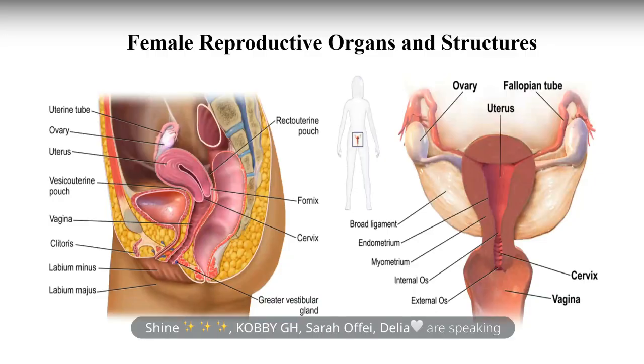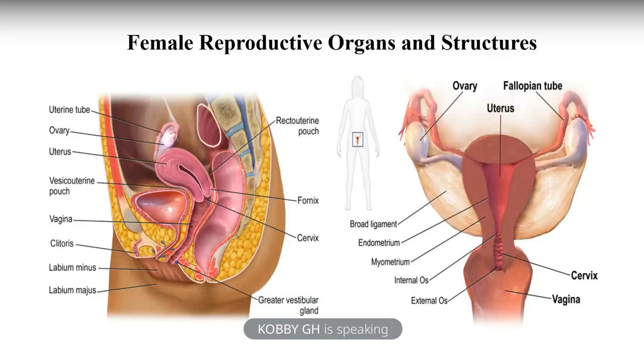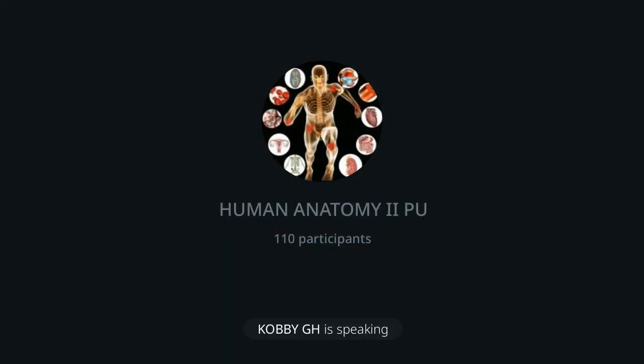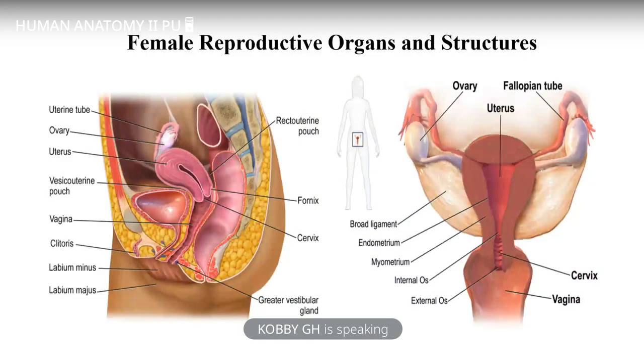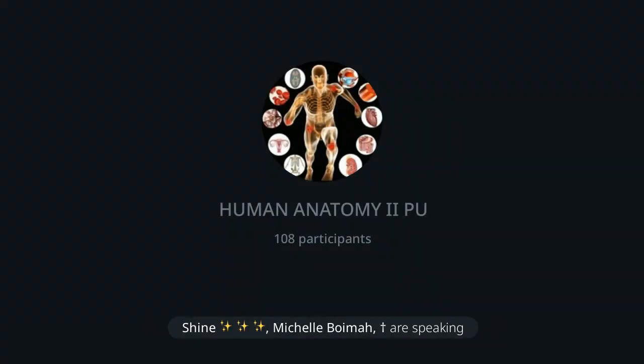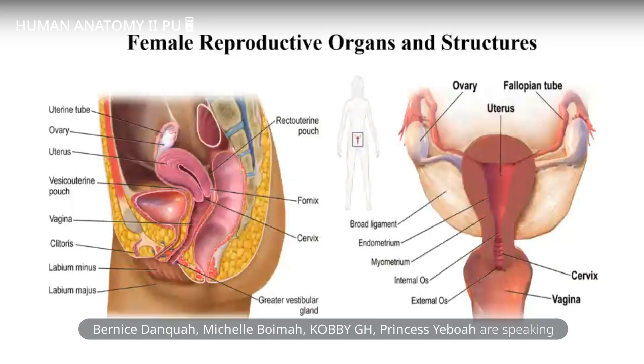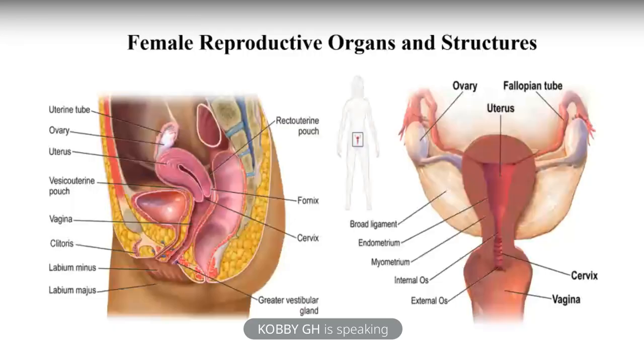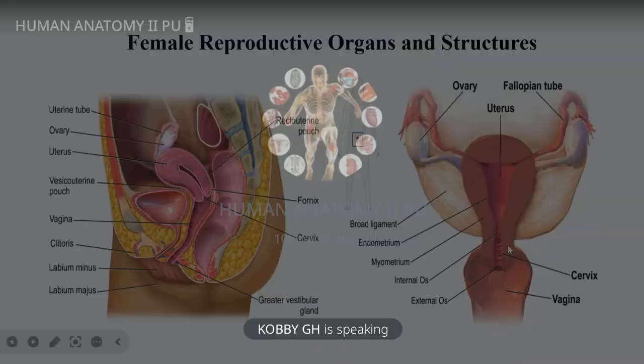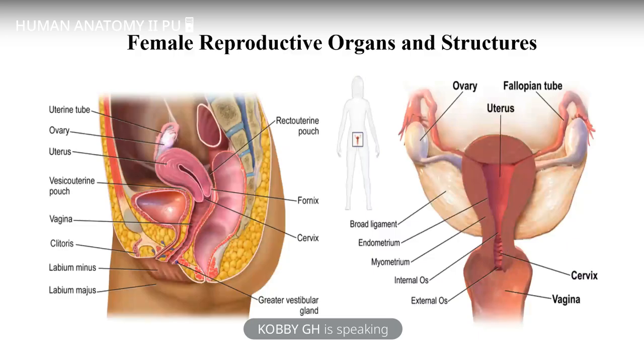Then we can also ask, that refers to the opening between the cervix and the uterus. What would be the answer? Internal os. Internal os is the opening between the cervix and the uterus, and external os is the opening between the cervix and the vagina.